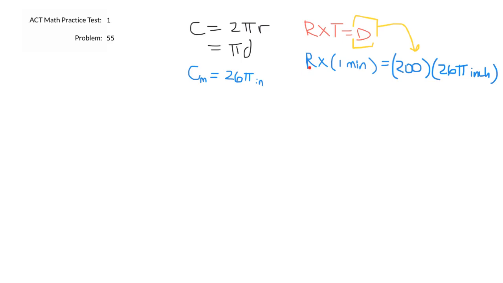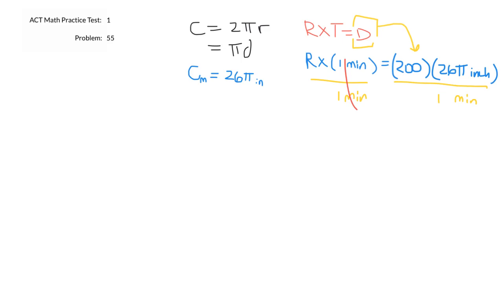Okay, so we're finding the speed in inches per minute. Well, in order to do that, we have to solve for r, which means get r by itself, and obviously that's going to be a matter of dividing both sides by this 1 minute right here. And that, of course, would cancel these.